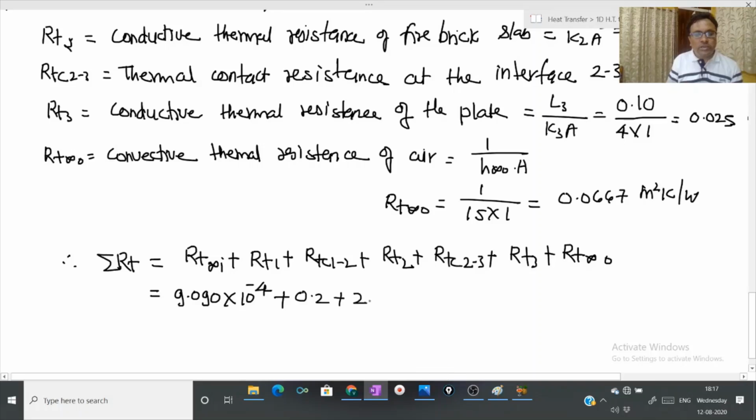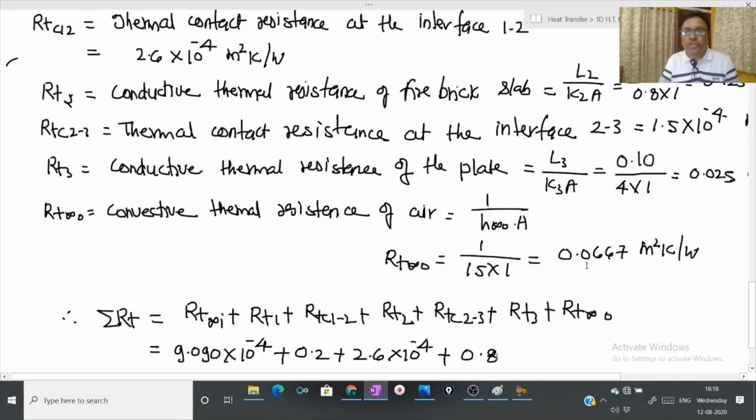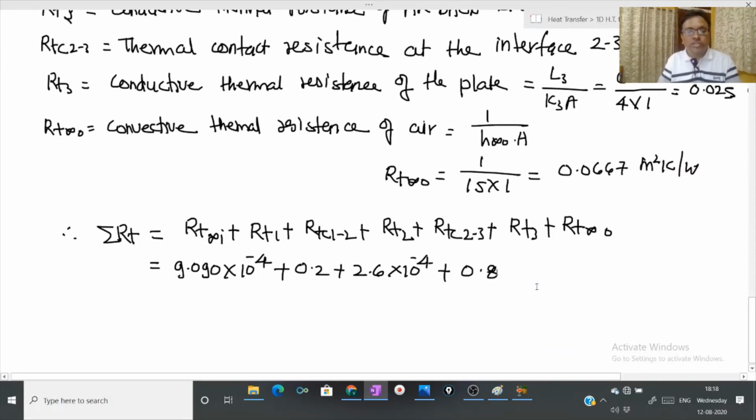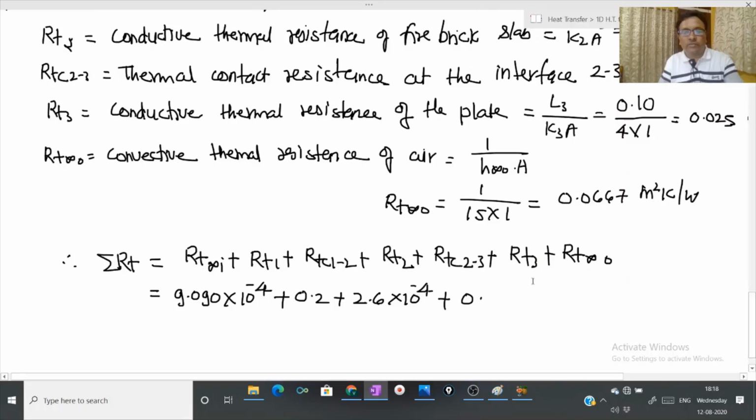RTC12 is 2.6 into 10 to power minus 4. RT2 is, sorry, RT2 is 0.125.